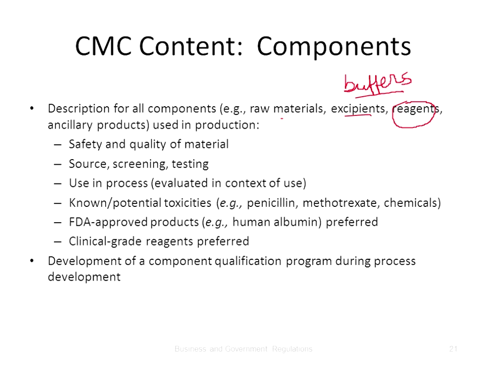You might use one particular buffer during purification, and later on you will change it out to the final formulation buffer. But as long as that buffer has seen the product sometime during the process, you must describe it. Okay. So safety and quality of the material, source screening, the screening that you have done, testing.